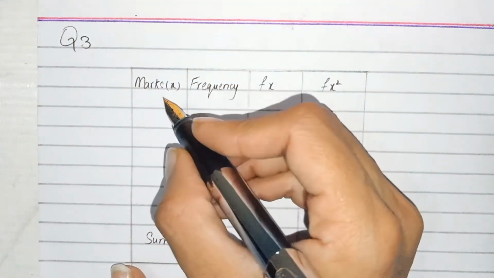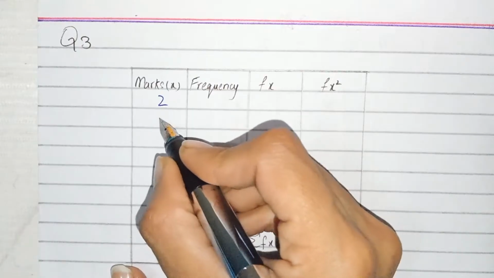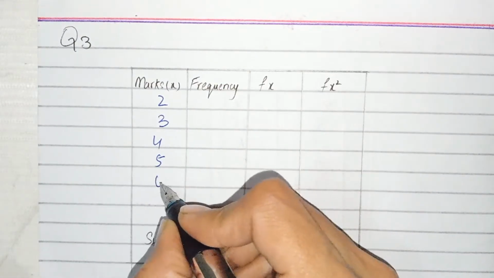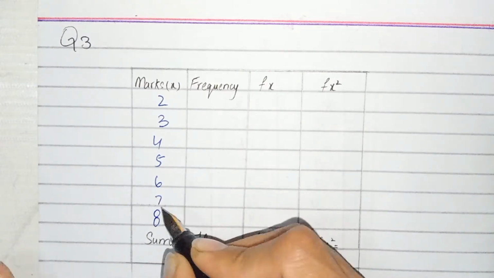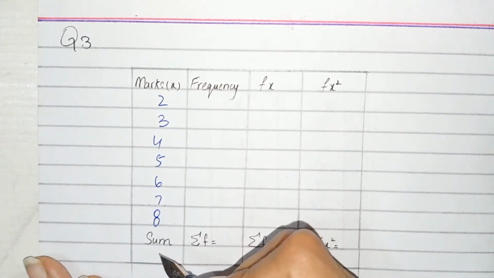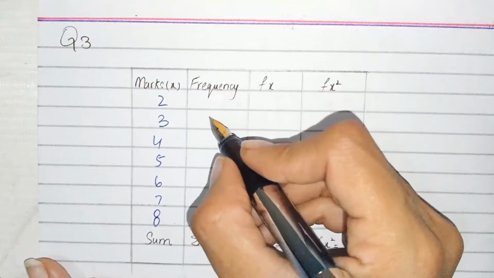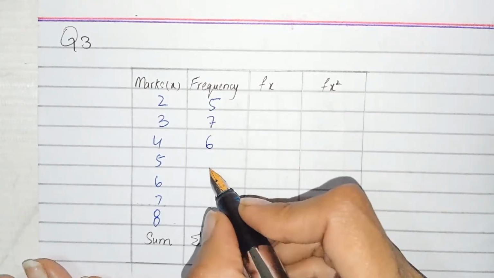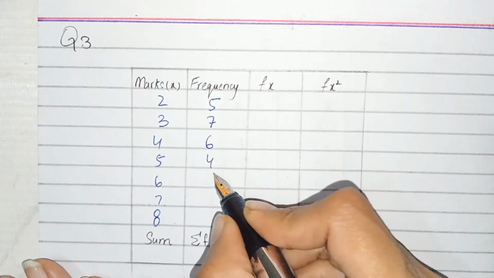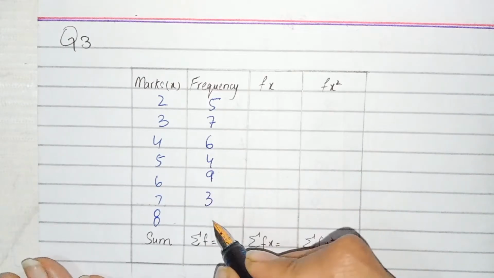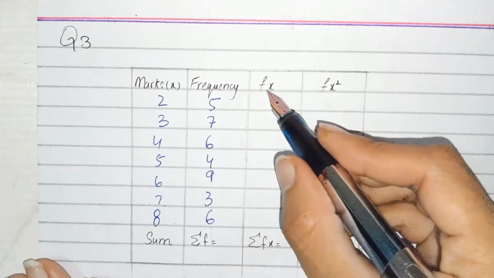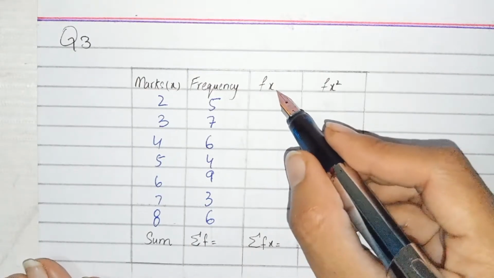First we write the marks, which are 2, 3, 4, 5, 6, 7, and 8. This is provided in the question, and the frequencies are 5, 7, 6, 4, 9, 3, and 6. Now we have to find fx.